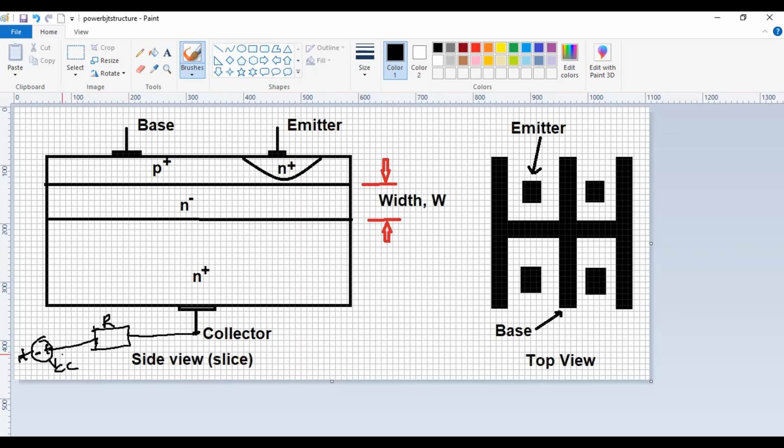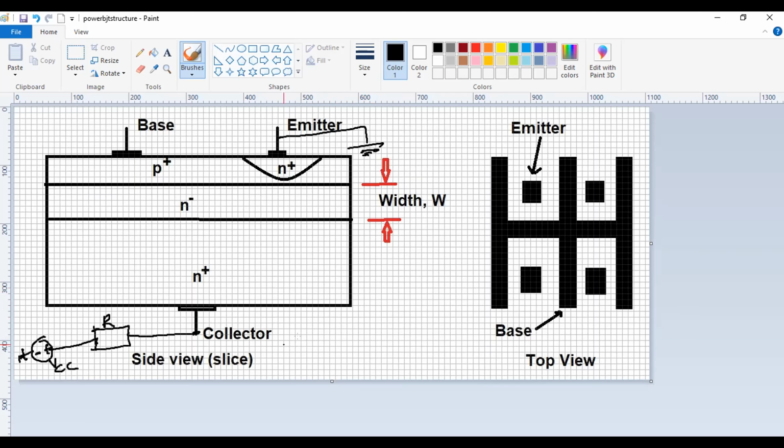So I can still leave that as a positive. I can simplify this by grounding the emitter. So there's a connection, VCE positive.